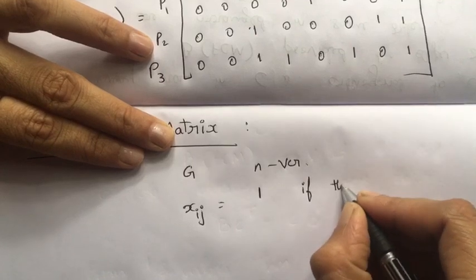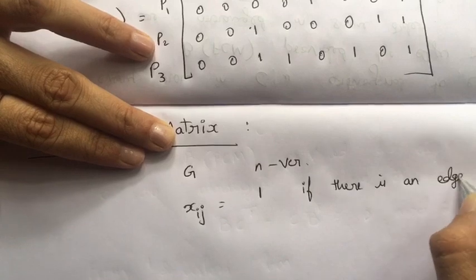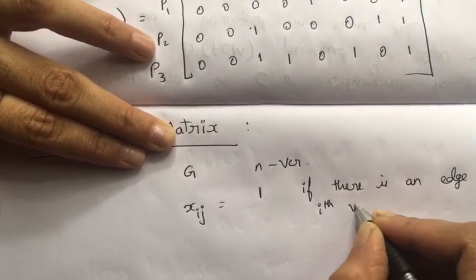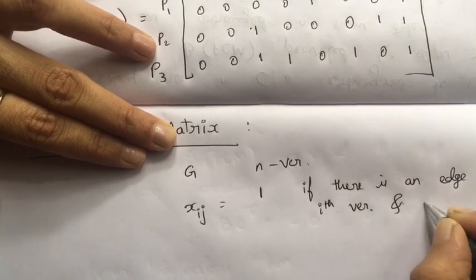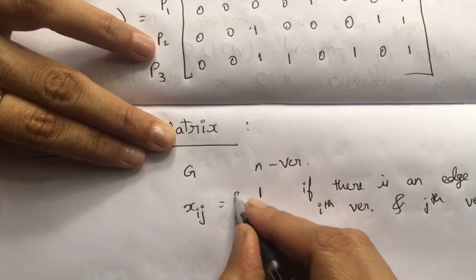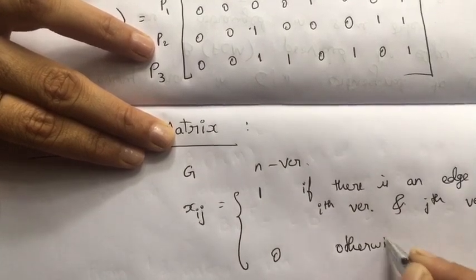If there is an edge between ith vertex and jth vertex, then the entry will be equal to 1 and 0 otherwise.